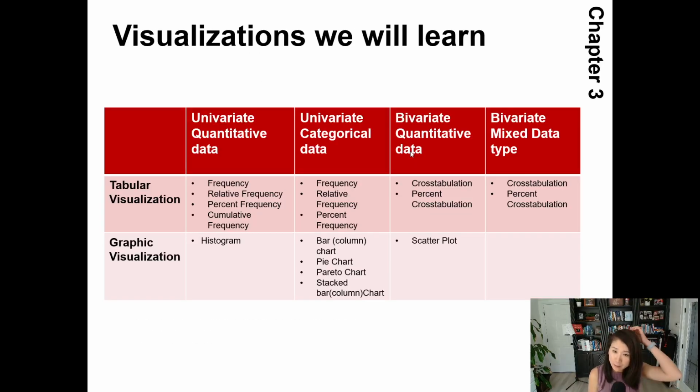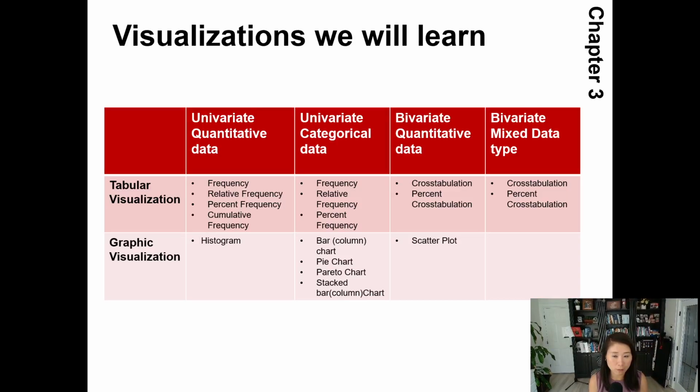Before we look at our first data visualization, I want to give you a macro, overarching view of what we're going to learn during this chapter. It really depends on the data you have.